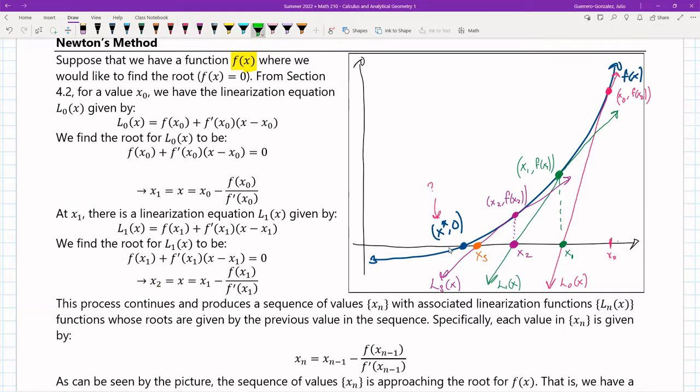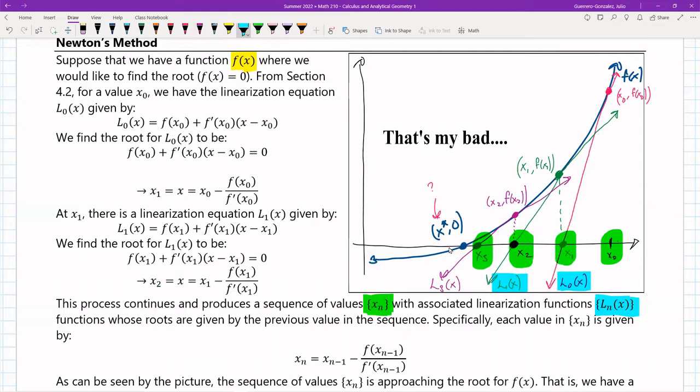We're going to have values of xn. If we continue in that same process, we're just going to keep stacking on x sub n values, and they are going to have associated L sub n equations, the linear approximations. So here's L0, here's L1, and this was supposed to be L2.